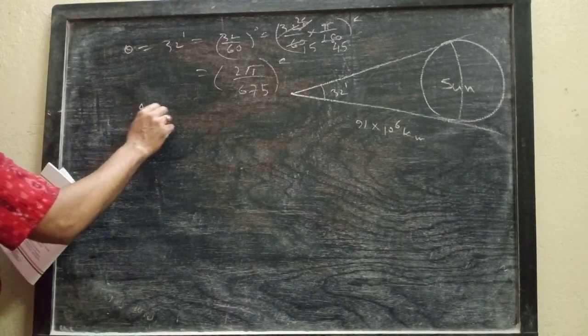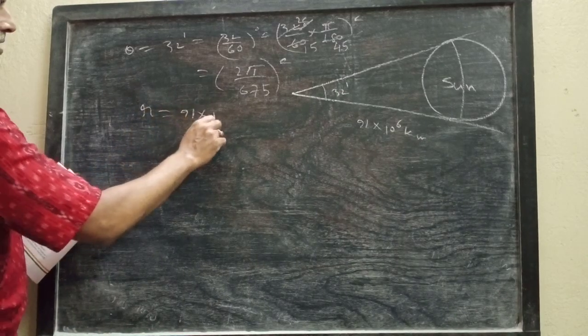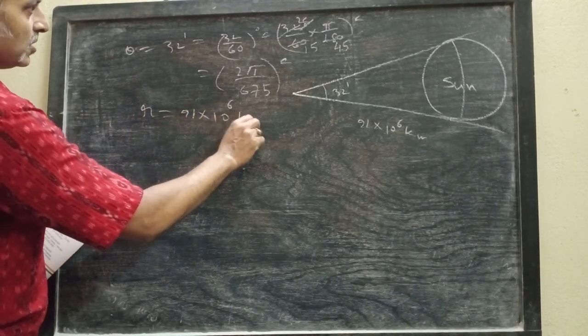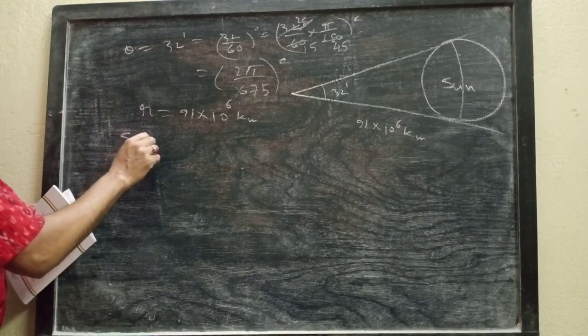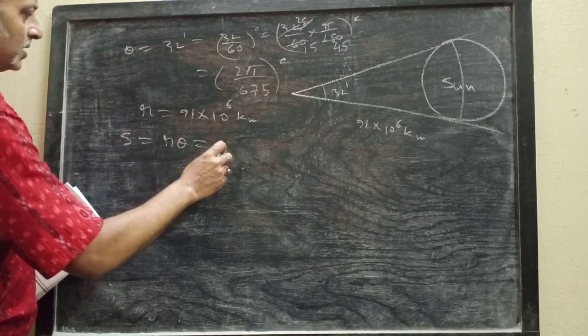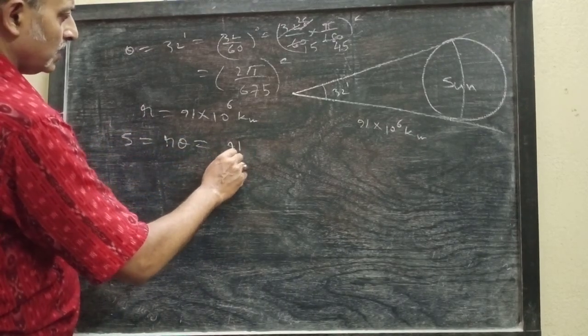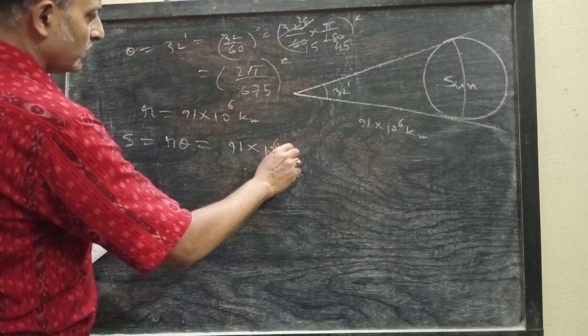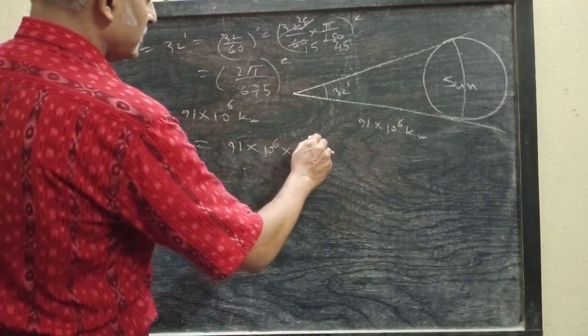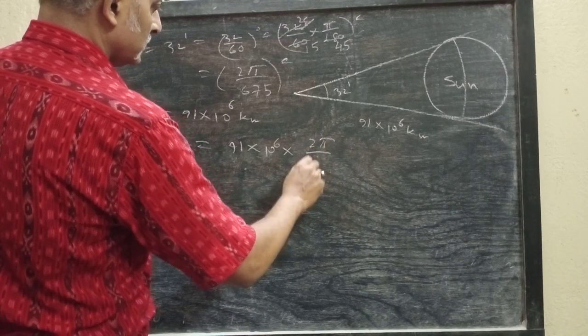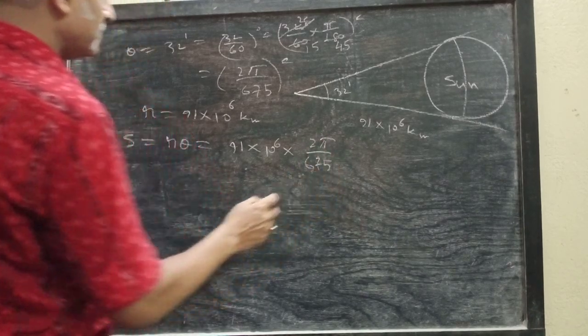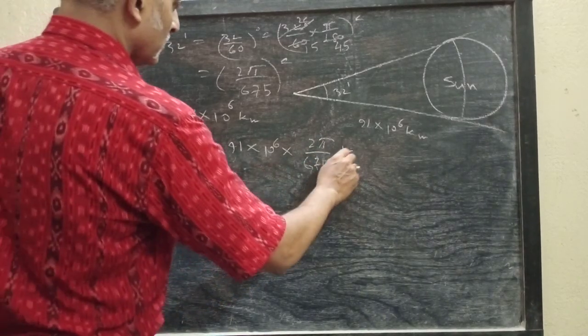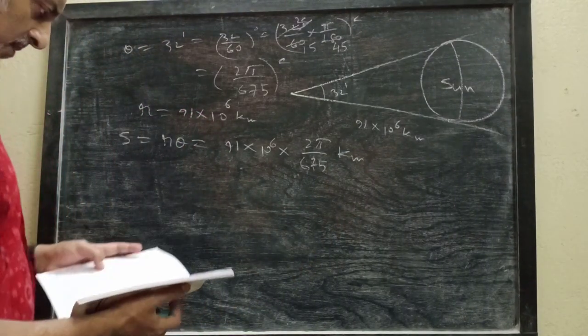Your r is 91 into 10 to the power 6 kilometer. So your s will be r theta, that is 91 into 10 to the power 6 into your theta, 2 pi by 675 kilometer.